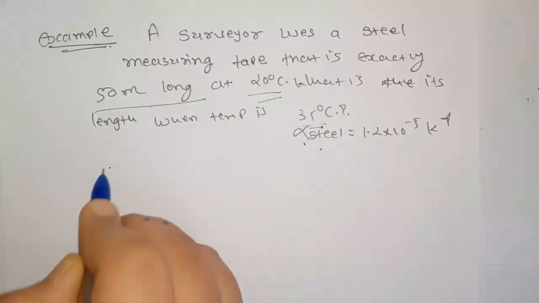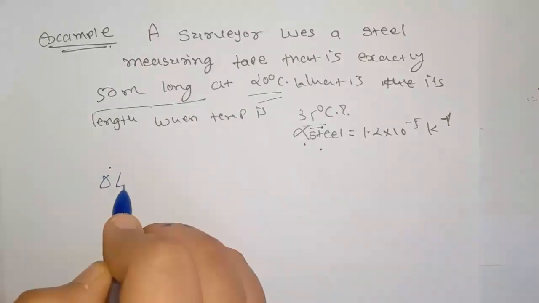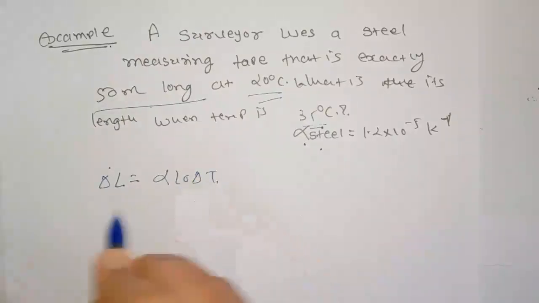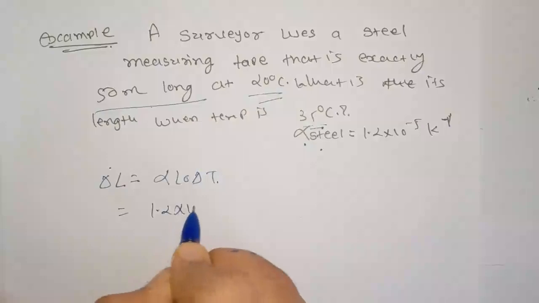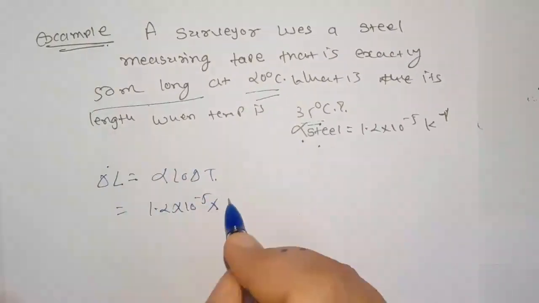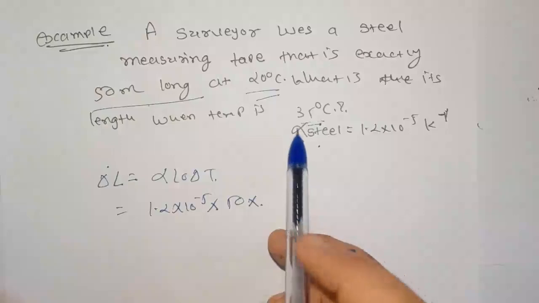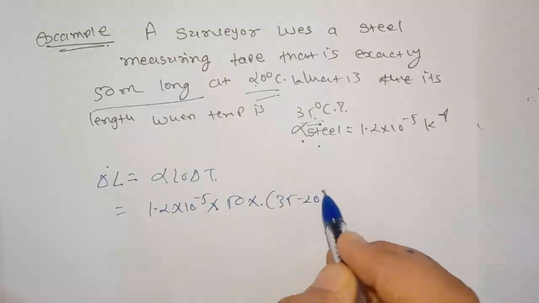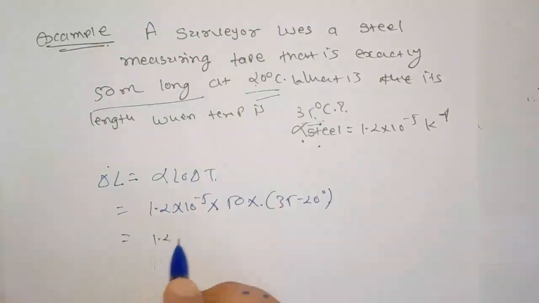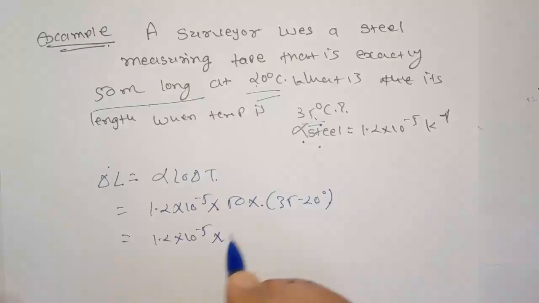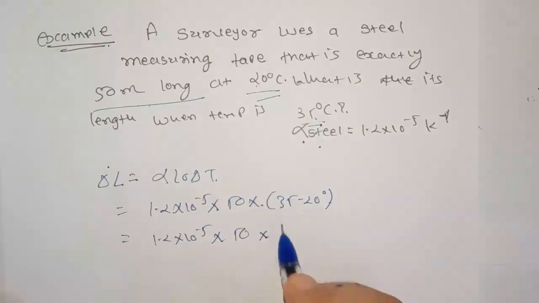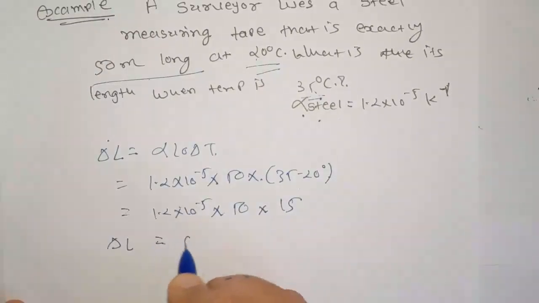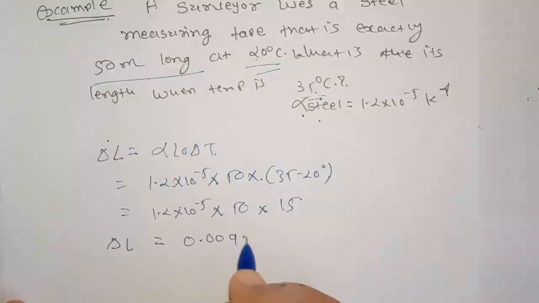The delta L will be alpha L naught delta T. Here alpha is 1.2 into 10 power minus 5, L naught is given 50, into delta T is 35 minus 20, that is 15. Simplifying this, we get delta L equals 0.009 meter.